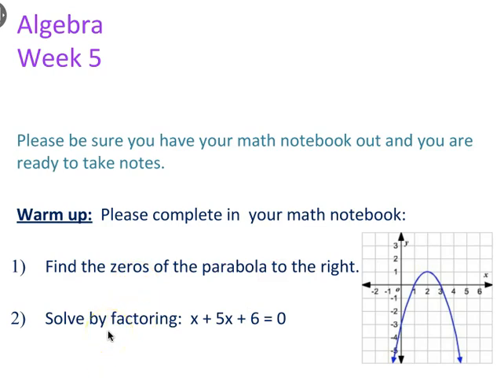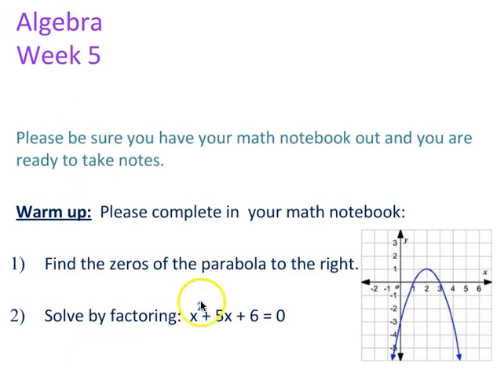And then the second one, whoops, I had to add the squared term to make this equation a quadratic function. The second question actually is not dealing with this graph of the parabola on the right. You need to solve by factoring this quadratic function, x squared plus 5x plus 6 equals 0.